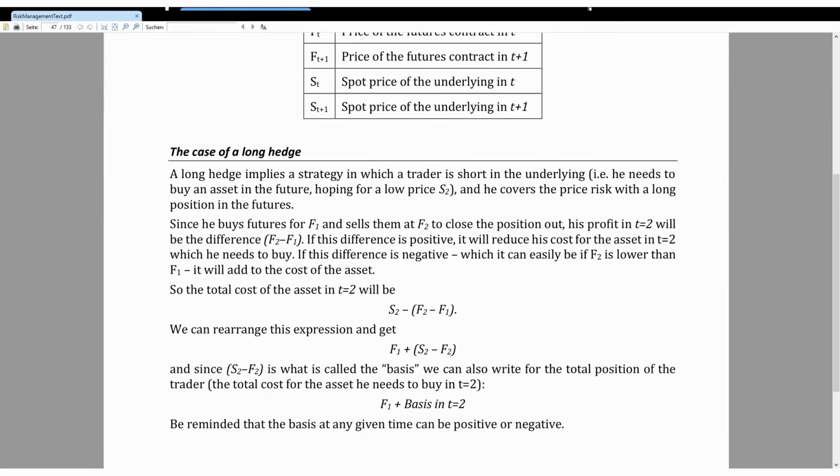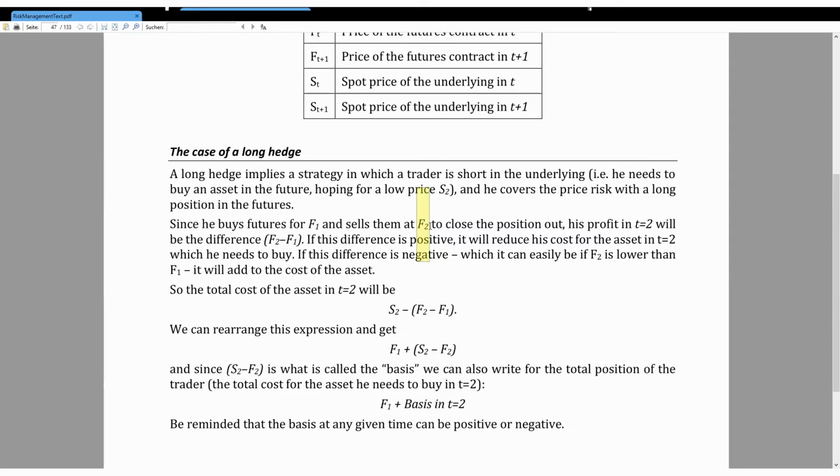In a long hedge, since the trader is short in the underlying, all the variables we look at are a cost to him. He will buy the underlying at price S2. Since he is short in the underlying, he is long in the futures. So the long futures he will buy at price F1 and he will sell this at price F2 to close the position out.